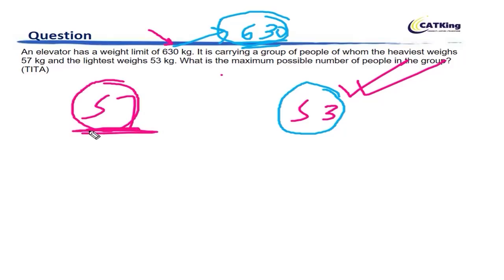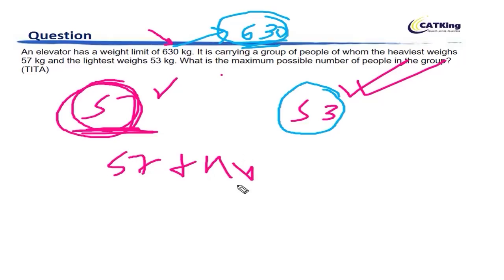However, because it is given that the heaviest guy is 57, you will have to keep at least one person who is 57. Now you keep one person who is 57 and n number of people who are 53, and combining you are getting 630, right? How can you solve this faster? It's very simple.